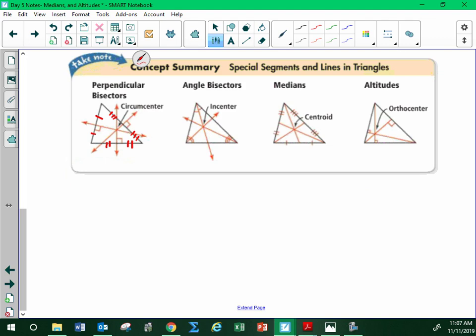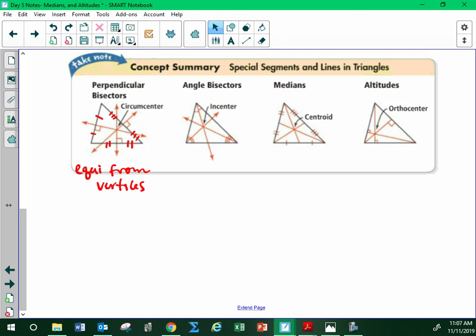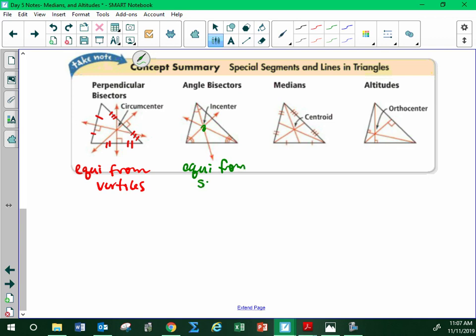Okay, so perpendicular bisectors meet at the circumcenter. And its special property is the circumcenter is equidistant from vertices. Angle bisectors meet at the incenter, and its special property is that it's equidistant from the sides.